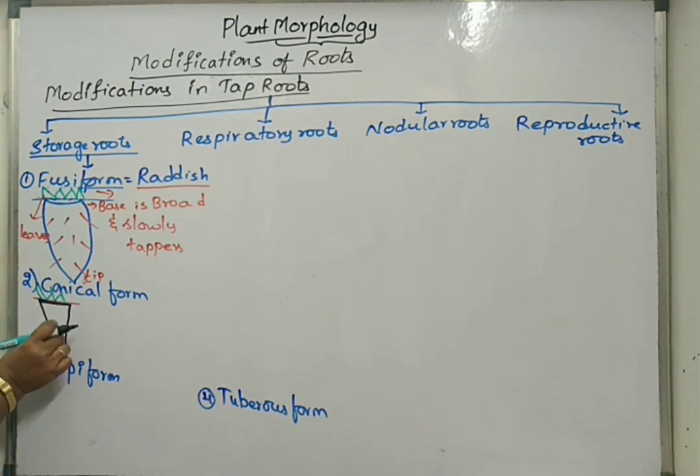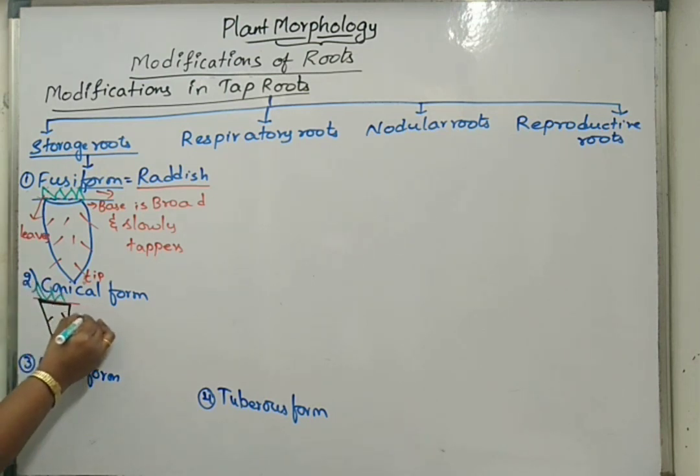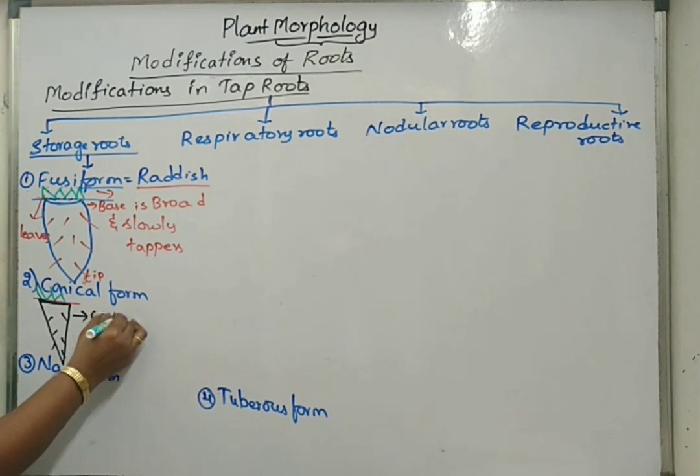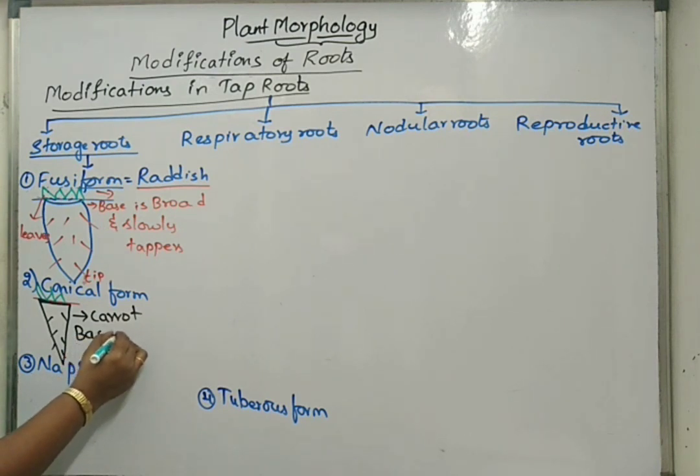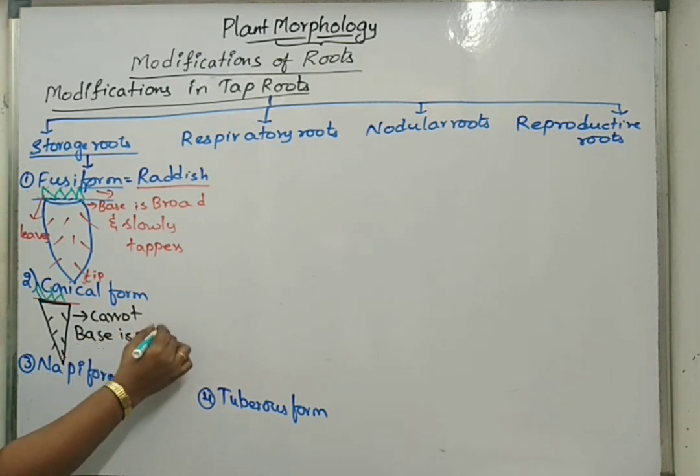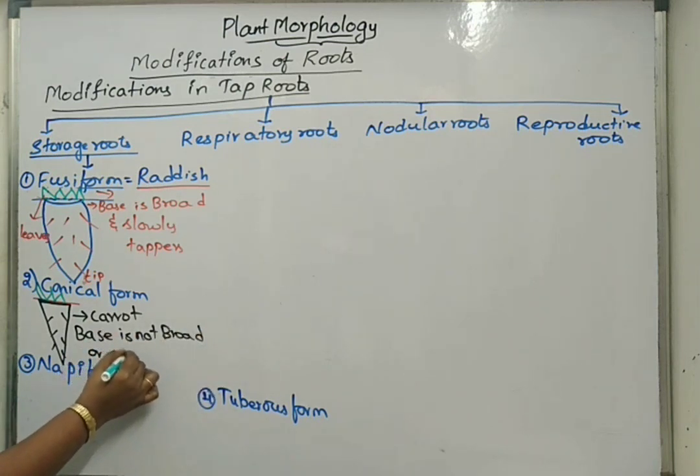It straightaway ends with a tapering end. Here also there are some roots and some leaves, and such a shape is seen in case of carrot. Base is not swollen. Base is not broad or swollen.